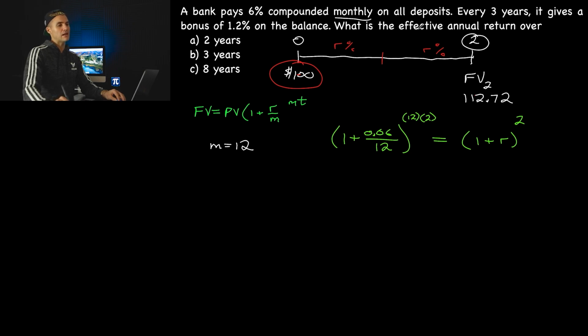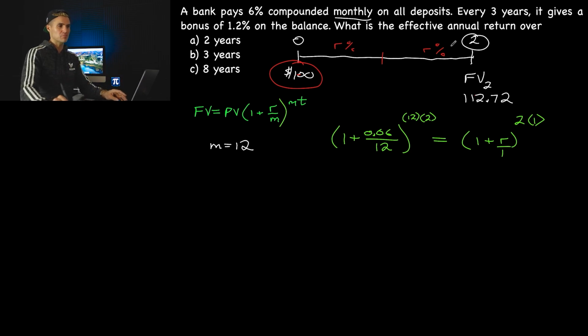Because basically an effective annual return, the compounding period for that is 1. So if we were to use the same formula here, it's like putting this r over 1 and then having a 1 here. Okay, but that's kind of like what's going on in the background.